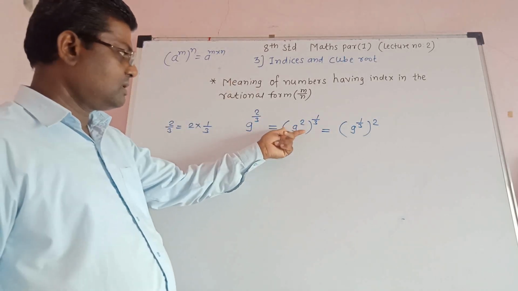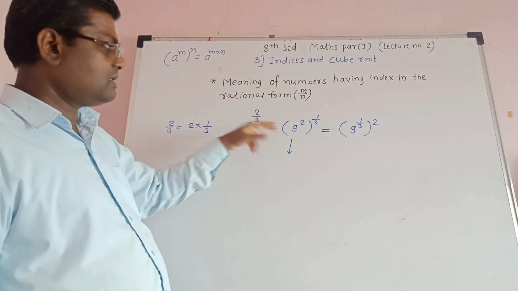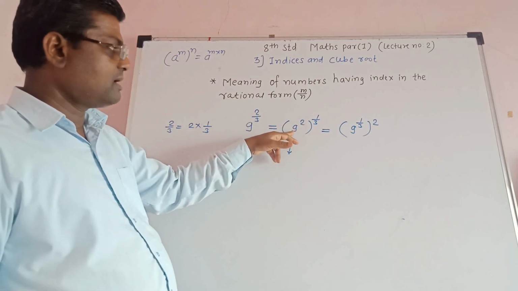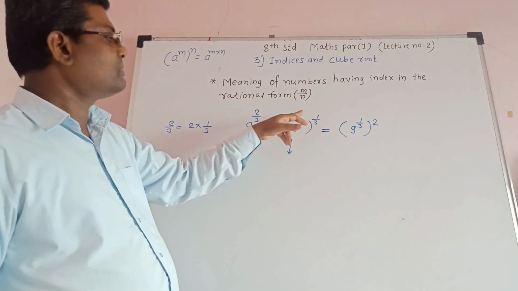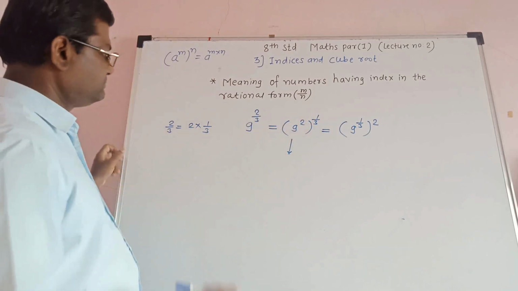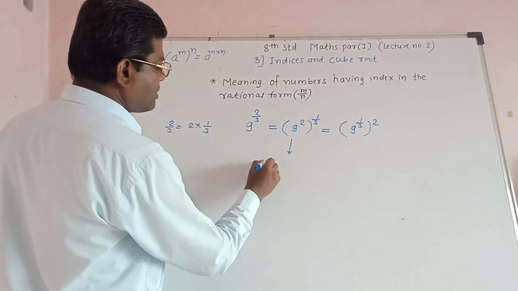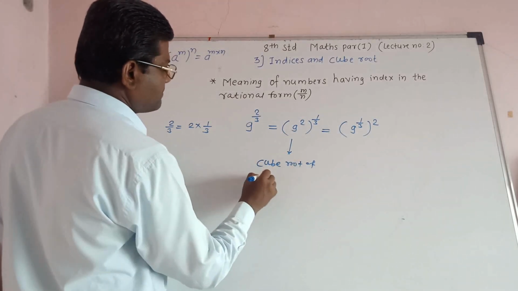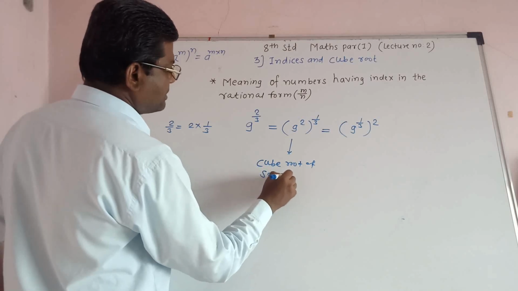Whose cube root? The bracket's cube root. What is in the bracket? 9 square, which means square of 9. So cube root of square of 9. So we write cube root of square of 9.